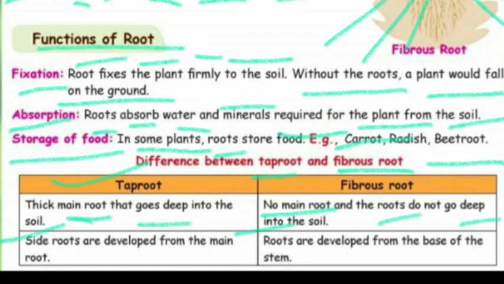In taproot, side roots are developed from the main root. In fibrous roots, roots are developed from the base of the stem. Here branches of the roots are developing from the base of the roots, children.